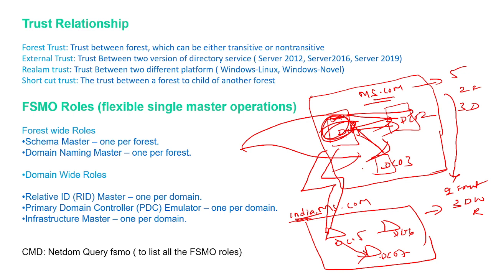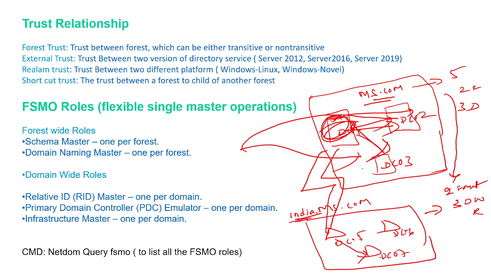Means if you have three domains, in this example, two domains are there. One is Microsoft.com, another one is India.Microsoft.com. So this infrastructure master knows about Microsoft.com as well, and partial information of India.Microsoft.com also, like how many sites are there, how many users are there, what the network latency is, what the network distance is, what the cost is.